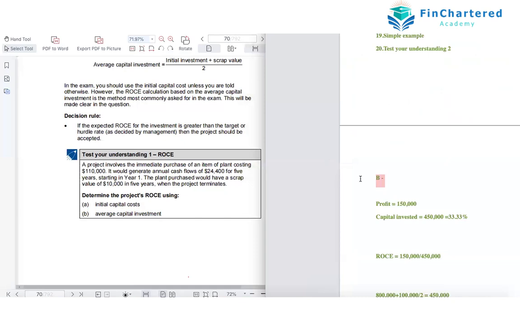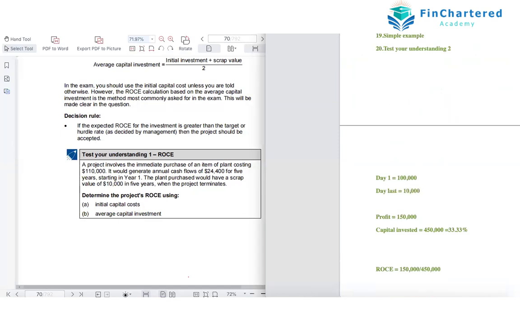And at the end of the life of the investment, it still has a value of 10,000. So at day 1, it is 100,000. And on the last day, it is worth 10,000. Sorry, day 1, it is 110,000.